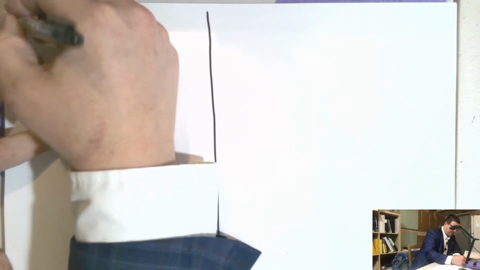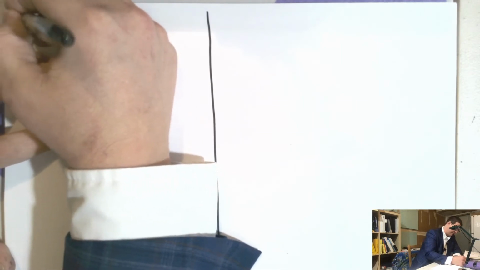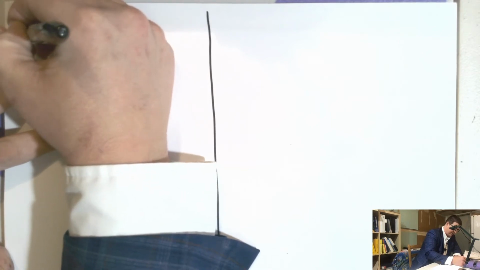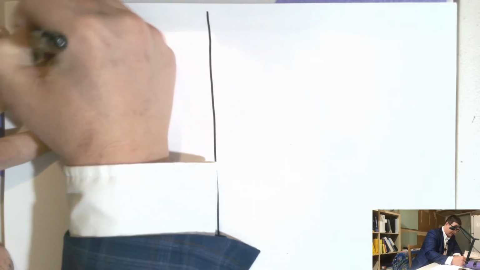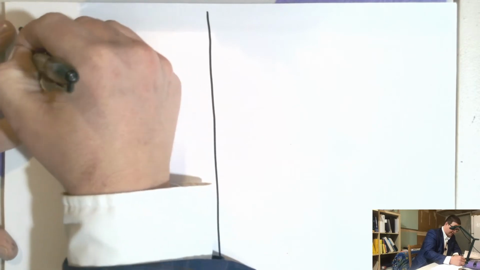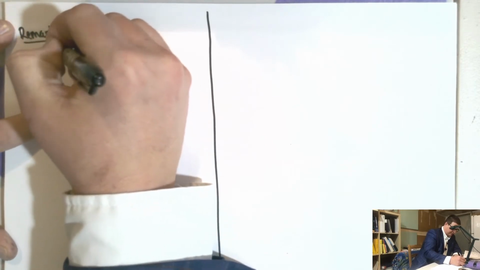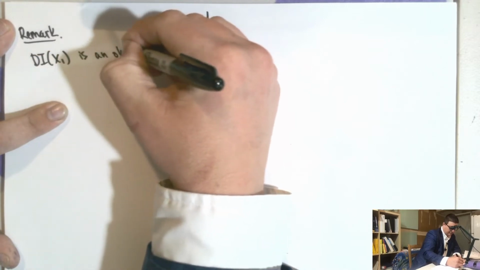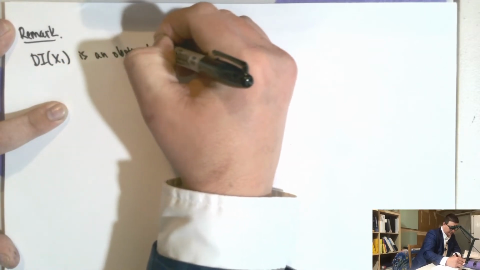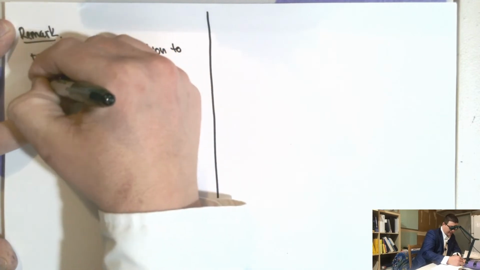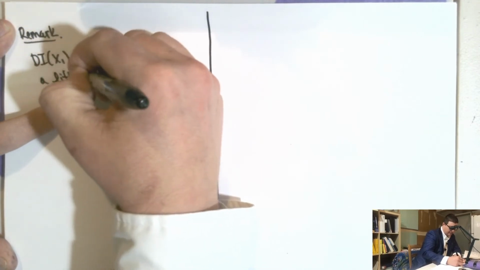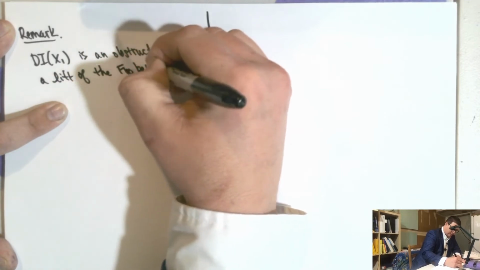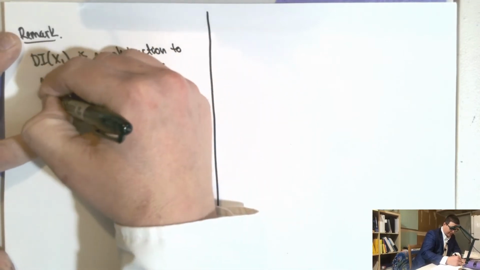So note, lemma or remark, theorem, I don't know, remark: DI is an obstruction to a lift of the Frobenius modulo p^2.